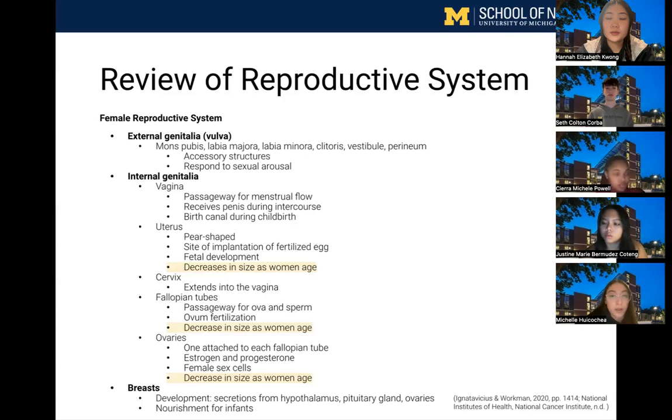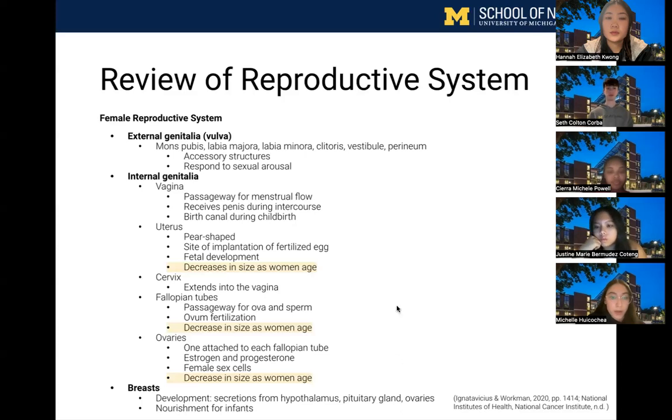The uterus also decreases in size as women age, so that's important to note. Next is the cervix. This is the portion of the uterus that extends into the vagina. Next are the fallopian tubes, which are the passageway for the ova and sperm.